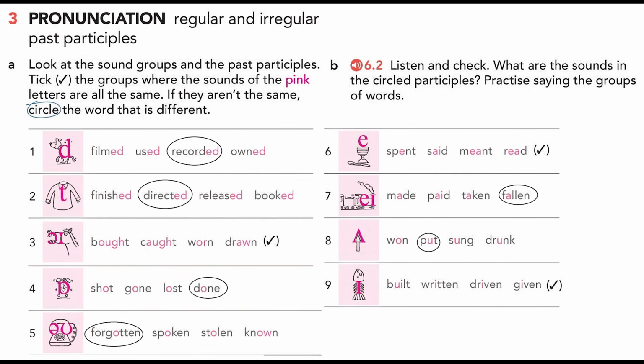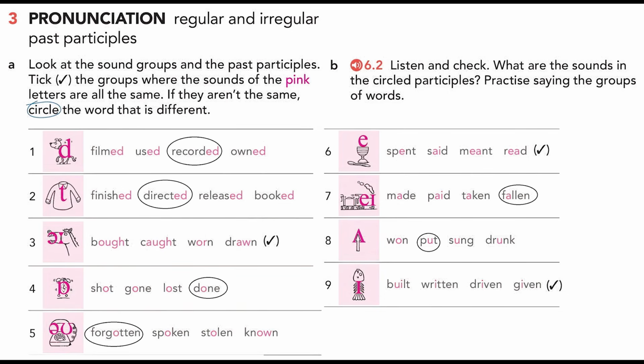Bought. Caught. Worn. Drawn. 4. Clock. O. Shot. Gone. Lost. Done. 5. Phone. O. Forgotten. Spoken. Stolen. Known.